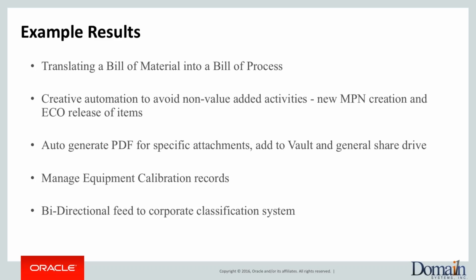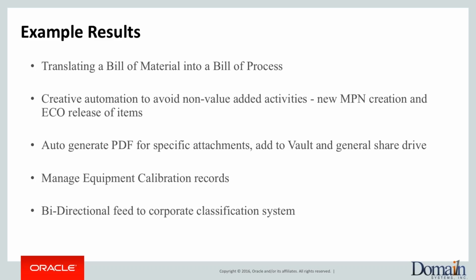Another one where we find that Agile is not necessarily accessible by all employees in the company, but yet you're managing your SOPs and your work instructions, so on and so forth, in Agile, and those need to be made available to the general population that are not actually accessing Agile.